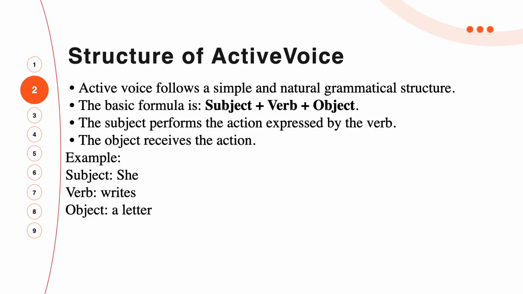This structure makes the sentences logical and easy to understand. Because the order is simple, learners can easily form correct sentences. For example, in the sentence she writes a letter, the word she is the subject, writes is the verb, and a letter is the object. The subject performs the action of writing.